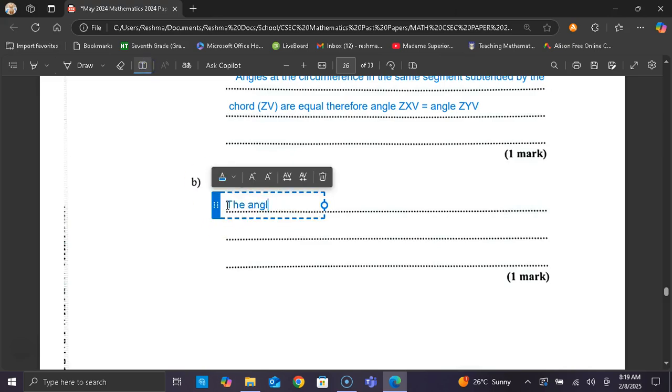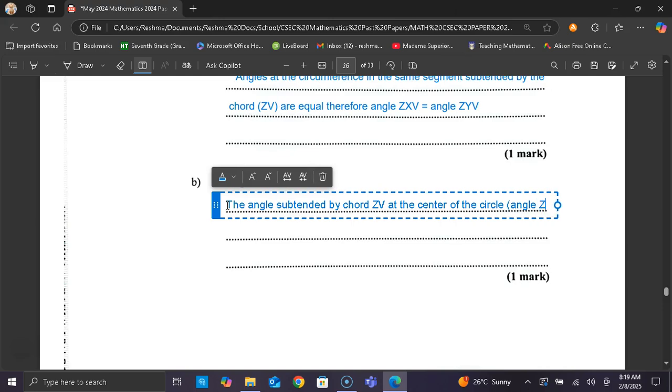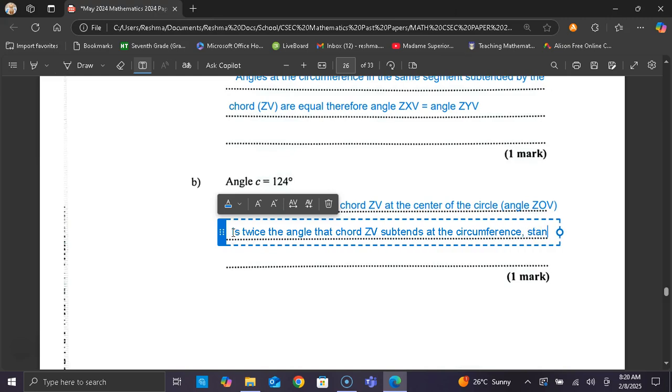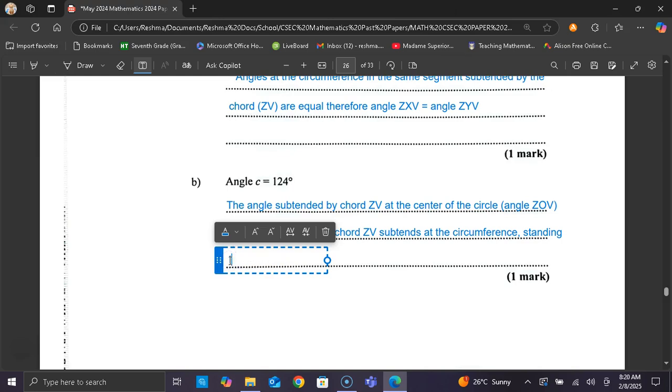Okay, so we see the angle subtended by chord, and it's the same chord ZV at the center of the circle, which is angle ZOV, is twice the angle that chord ZV subtends at the circumference, standing on the same arc.